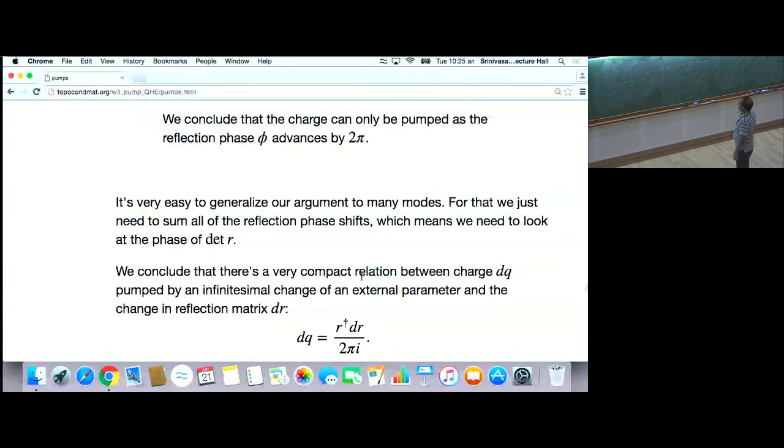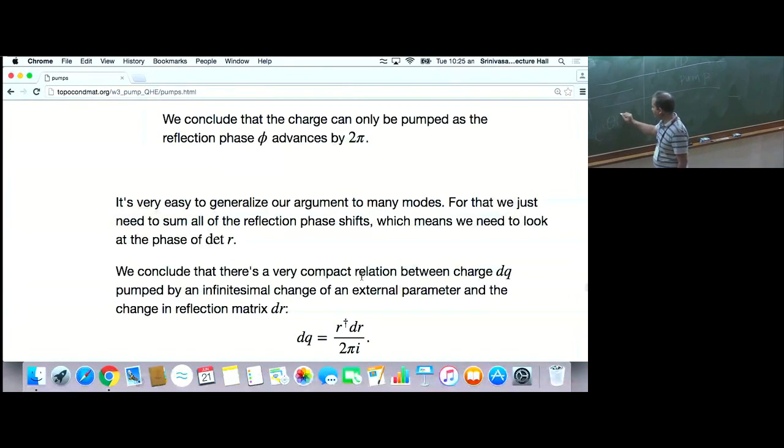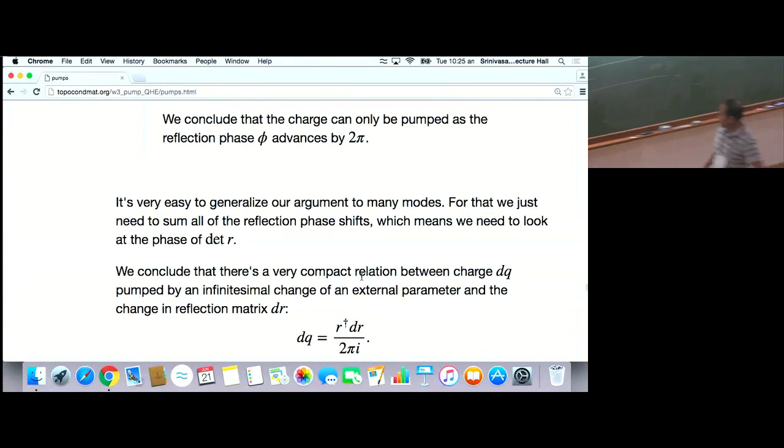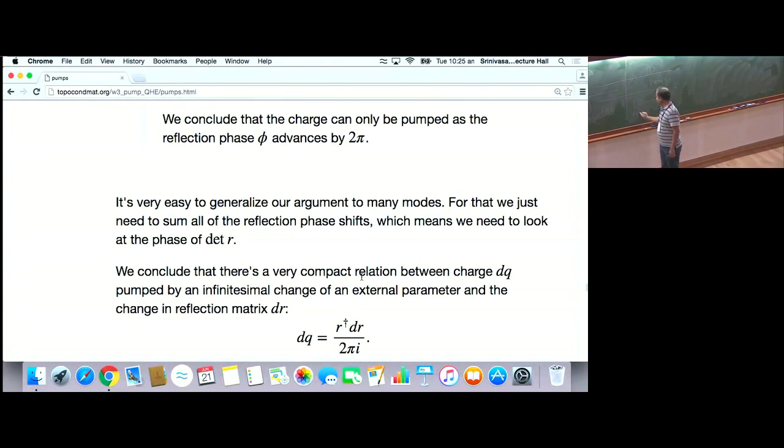Okay. But my pump Hamiltonian is changing in time, which means that this phase changes in time. Okay? And not only that, as t goes from 0 to the period, theta has to come back. So the question is, what happens to theta?